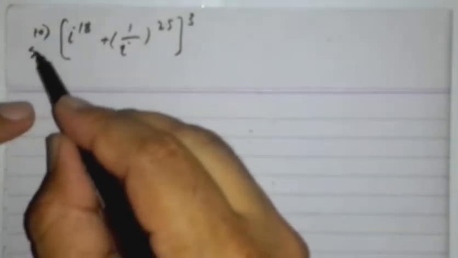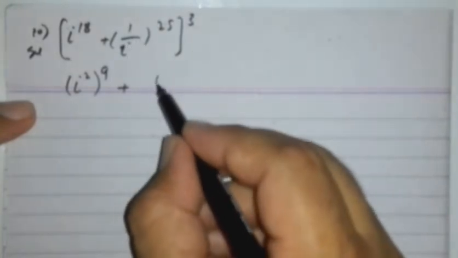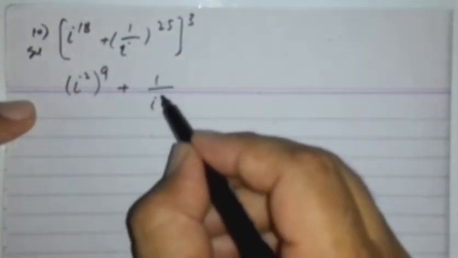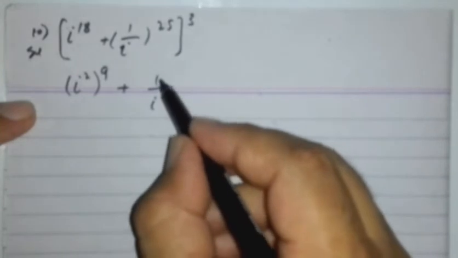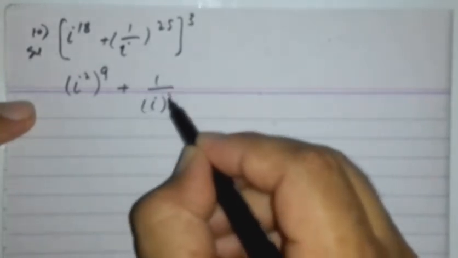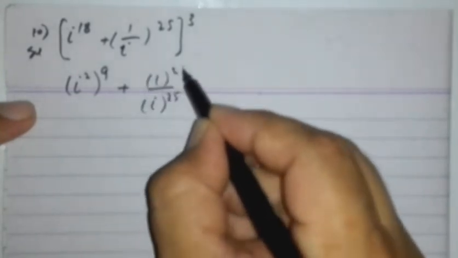Part 10. Solution. Iota power 18 can be written as iota square into 9, 2 9s are 18, plus 1 over iota 25, whole cube.